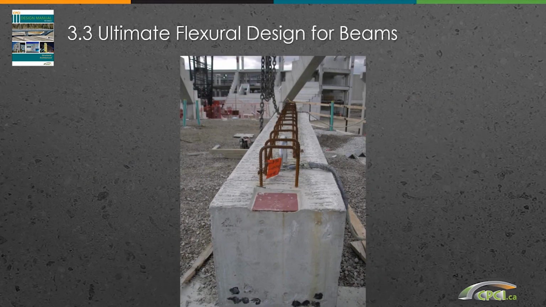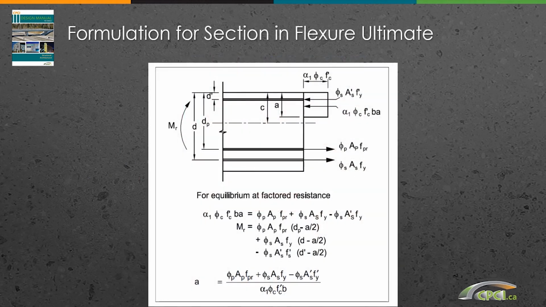Okay, a nice picture of a prestressed precast beam. As an introduction to what we're going to say right now, we're going to go through real fast the basic formulation of a beam under flexure. This formula here is the standard generalized formula of a beam section with both prestressing strands and mild steel reinforcement.